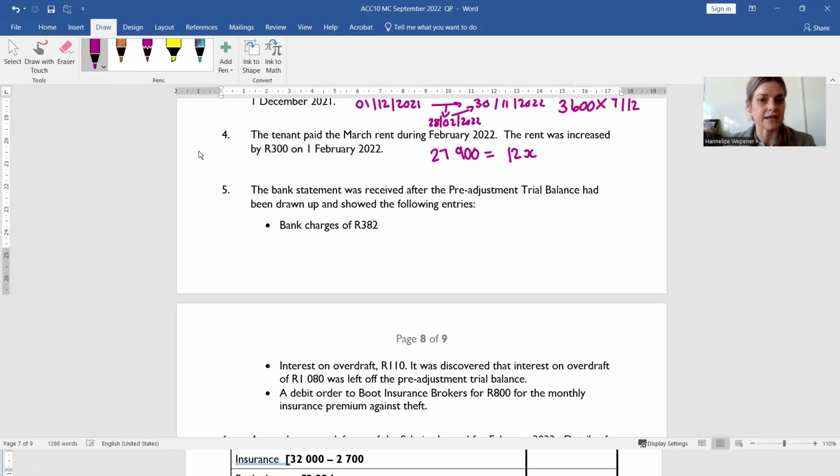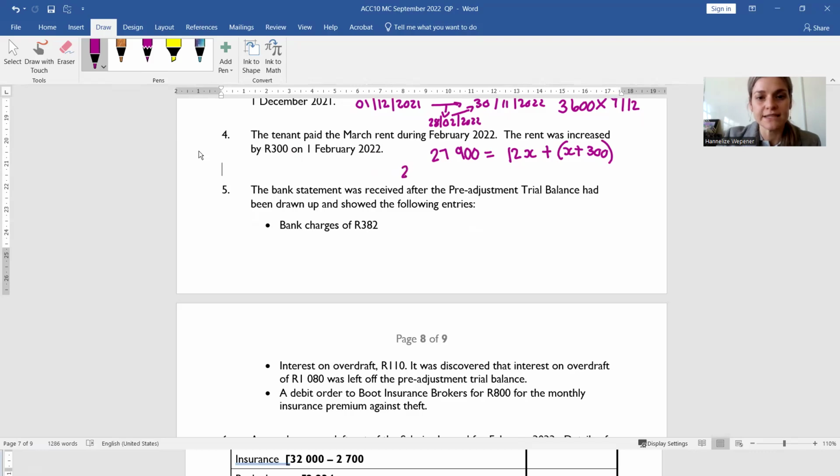So we shall just say for 12 months, I received the amount of X. Then I also received for one more month X, but with an increase of 300. So I received the monthly rent, but the monthly rent now increased by 300 Rand. And then you literally just solve for X.